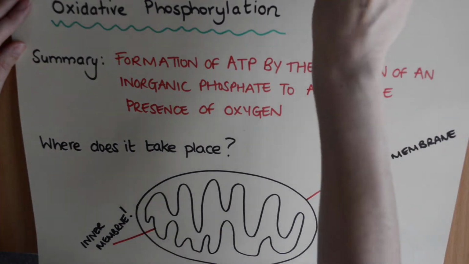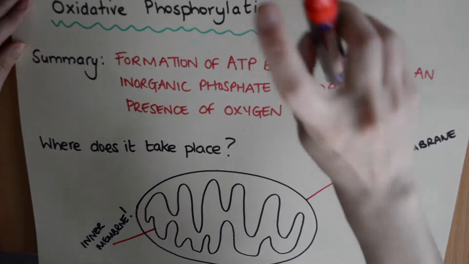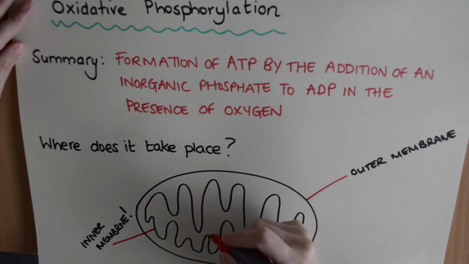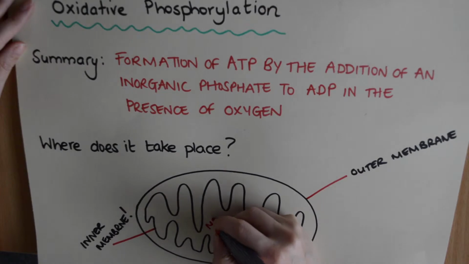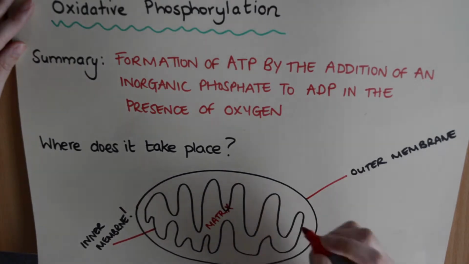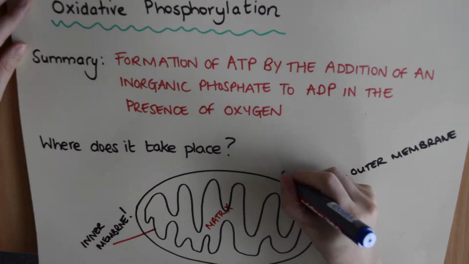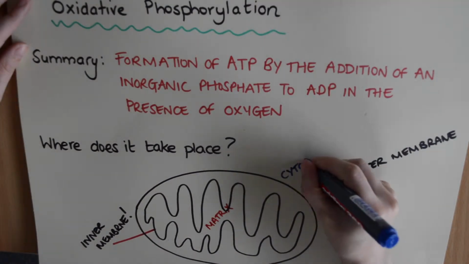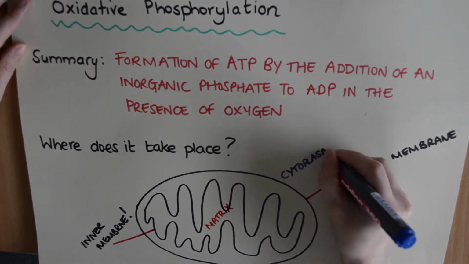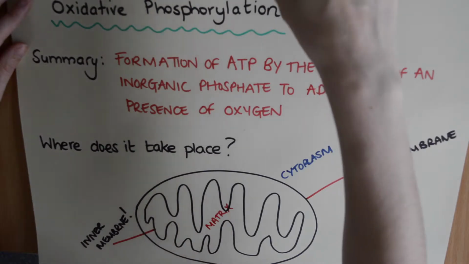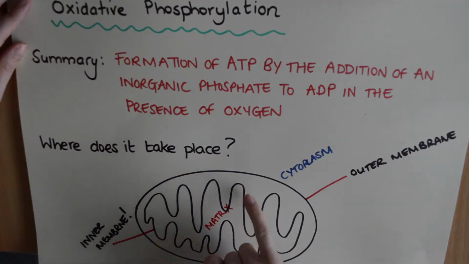Now, within a mitochondria, there is a fluid-filled area known as the matrix, and to the outside is obviously the cytoplasm of the cell. So, just to summarise there, oxidative phosphorylation takes place on the inner membrane.